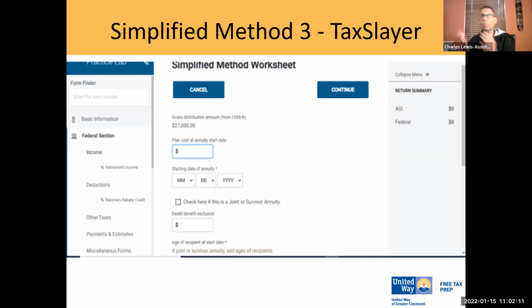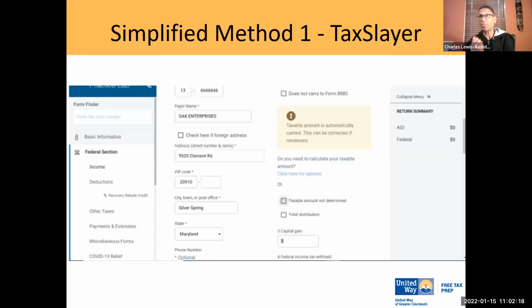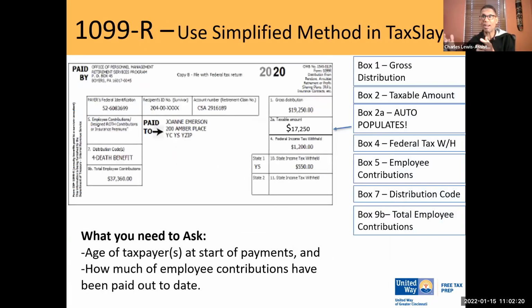That's either going to be provided on the 1099-R in box 9B, or they're going to have to provide the retirement paper that they got when they first retired, and usually it'll include what their total after-tax pension costs are in the plan. They're either going to have to retrieve that if it's not on the 1099-R in order to do the simplified method. Okay, thanks.